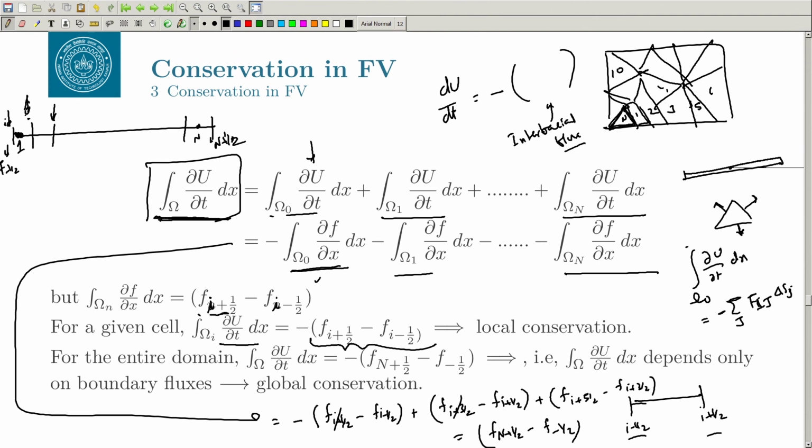So this term will cancel out, and similarly you will have n minus 1, which will cancel out with this one. Ultimately what remains is minus half and n plus half. So, for the entire domain also the du by dt depends only on the boundary fluxes. That means you have global conservation. So, you have both local conservation and global conservation in the finite volume. This is not true in the finite difference formulation.